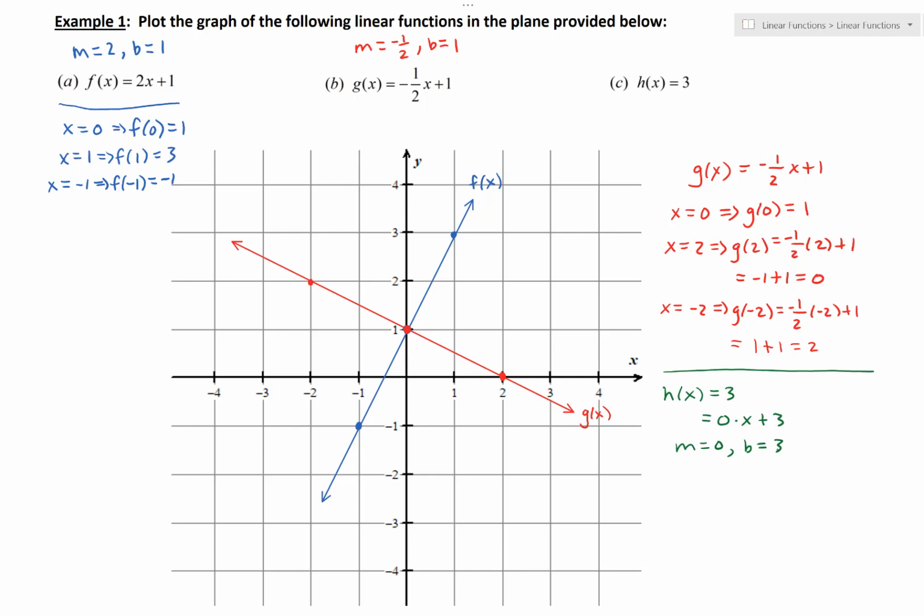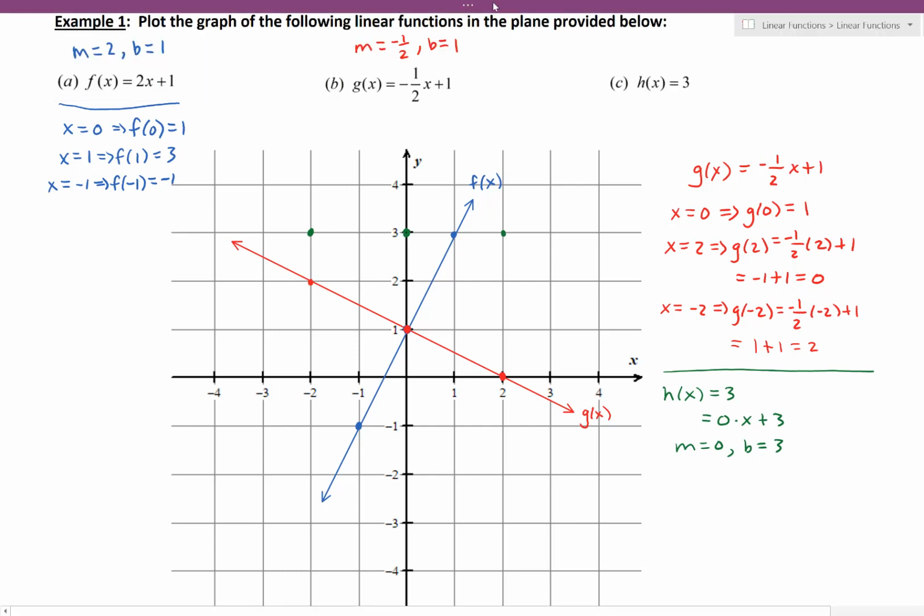It's always 3. So if x is 0, we're at the output of 3. If x is 2, we're at the output of 3. If x is -2, we're at the output of 3. So the function is always equal to 3, and because of that, we call it a constant function.